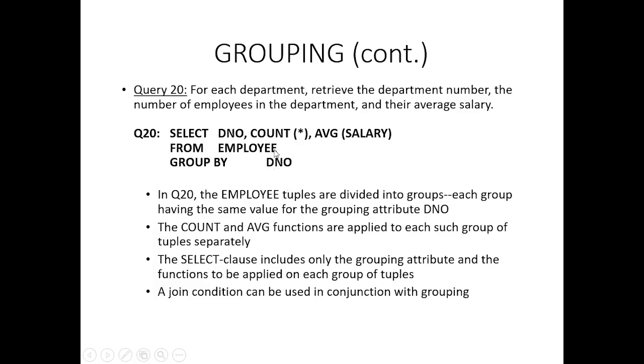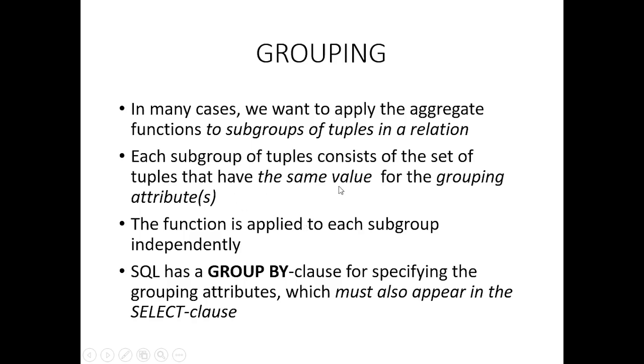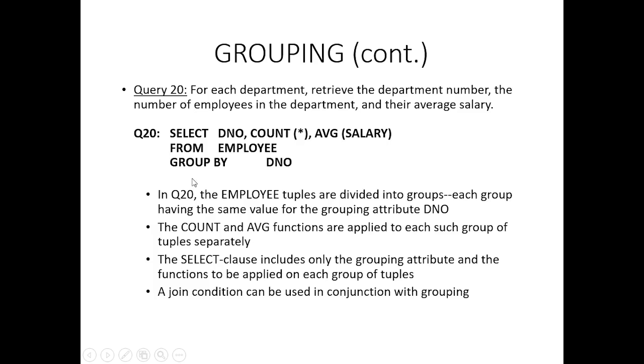DNO, the department number, is the grouping attribute. Each subgroup of tuples consists of the set of tuples that have the same value for the grouping attribute. So department number-wise we'll have subgroups, and the functions apply to each subgroup separately.